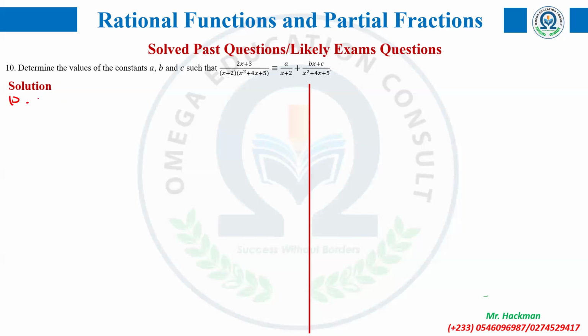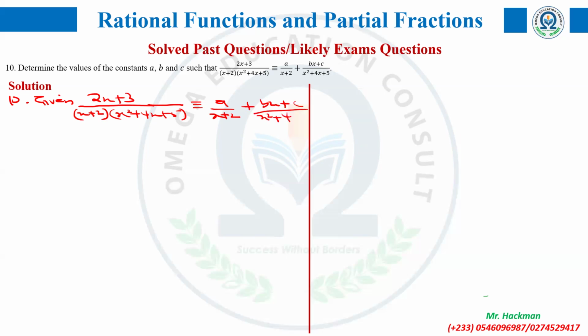What are we given? We are given 2x plus 3 all over x plus 2 times x squared plus 4x plus 5, identical to A over x plus 2 plus Bx plus C all over x squared plus 4x plus 5.